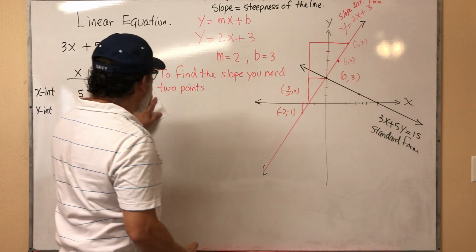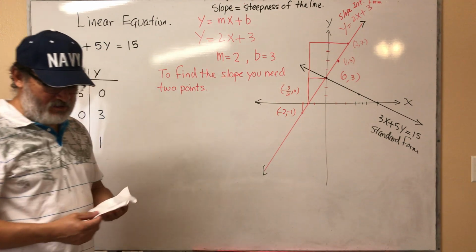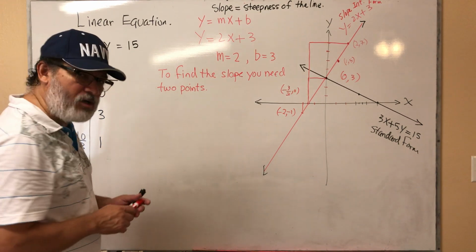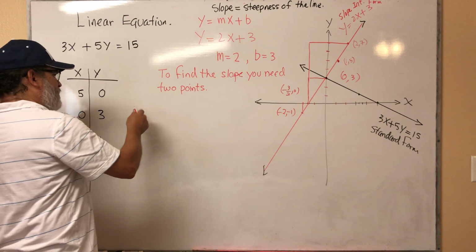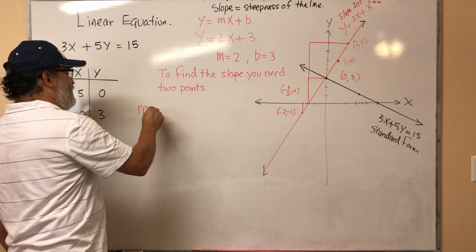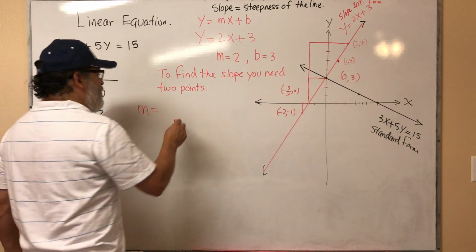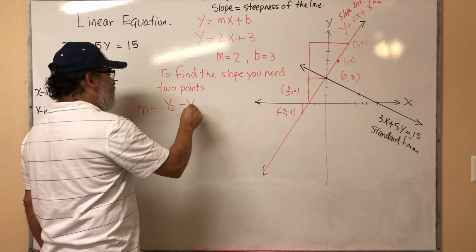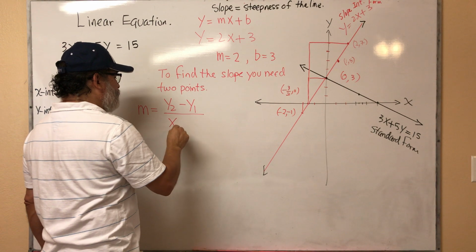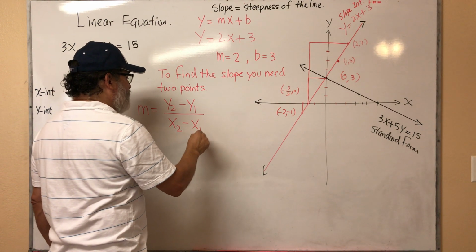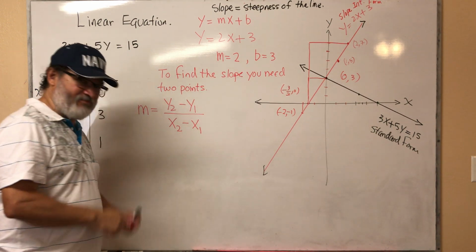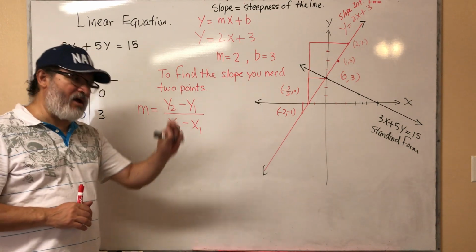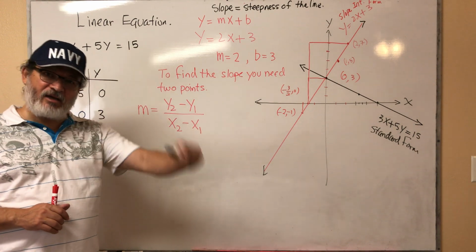What if you do not have the line? No problem. Look. The slope is also found by this formula, y2 minus y1 over x2 minus x1. This formula is going to give you the rise and the run.